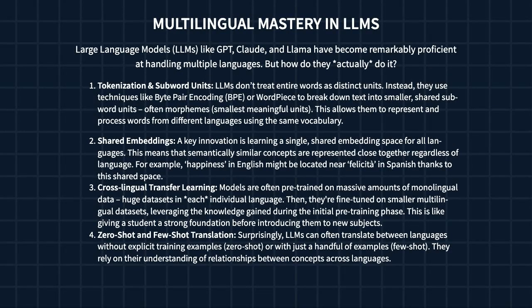Okay, let's talk about how these massive language models tackle different languages. The secret is actually pretty clever. It's not just that they know a bunch of languages, they understand the relationships between them. First, instead of treating entire words as distinct, they break everything down into smaller pieces called subword units, kind of like building blocks. These blocks are shared across all the languages they've seen.